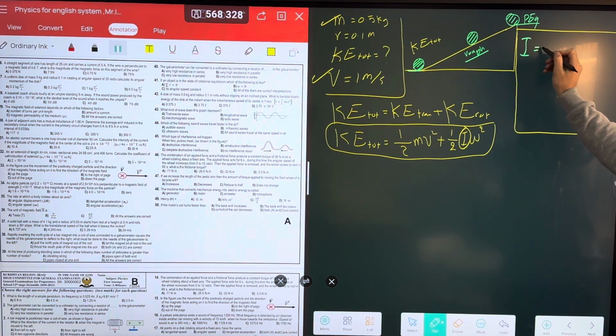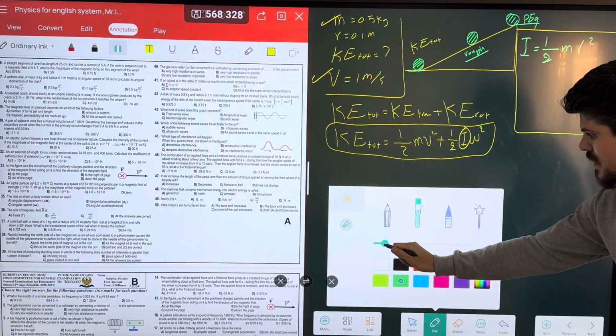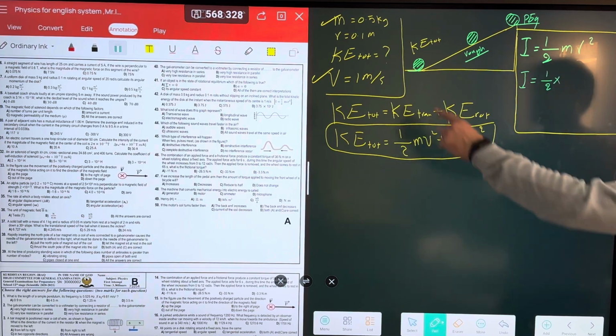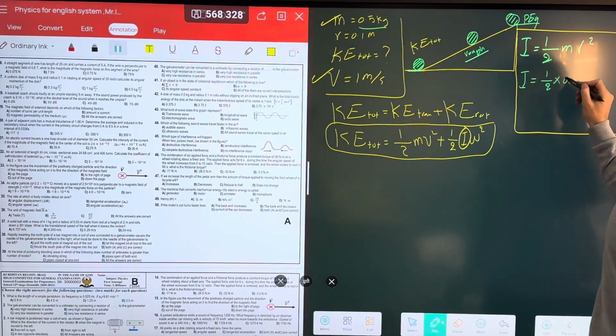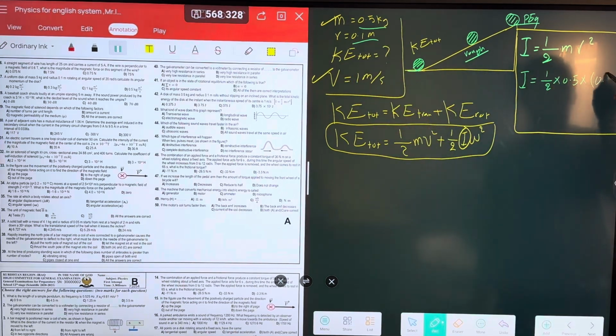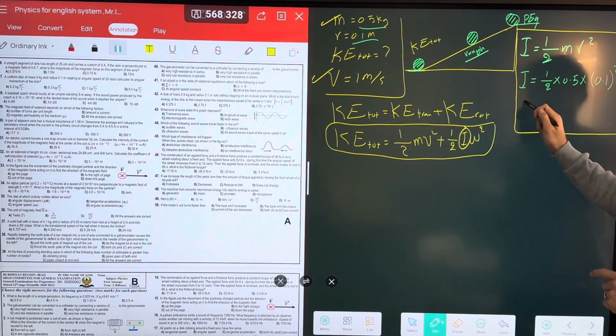For the disc, the moment of inertia is equal to 1 over 2 mr squared, okay? Bring down this I, 1 over 2 times the mass of the disc, 0.5, radius 0.1. Don't forget the square, guys.